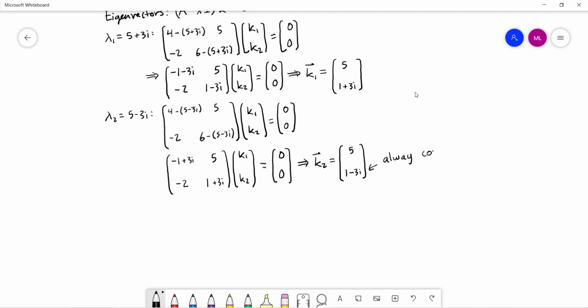k2 will always be the complex conjugate of k1.